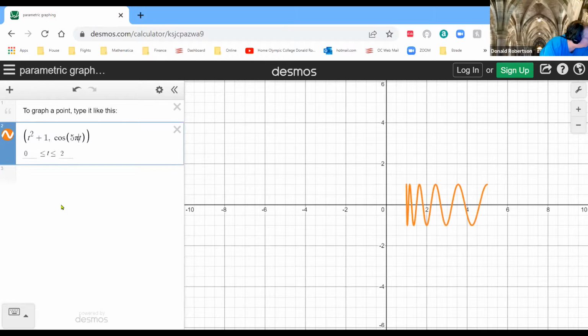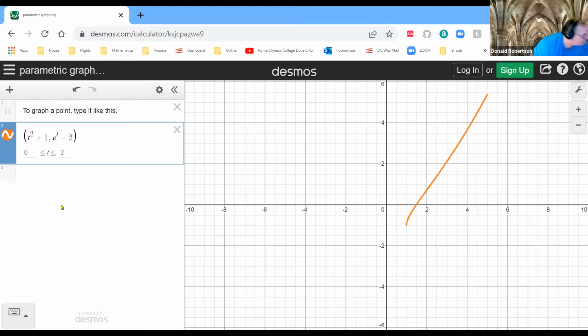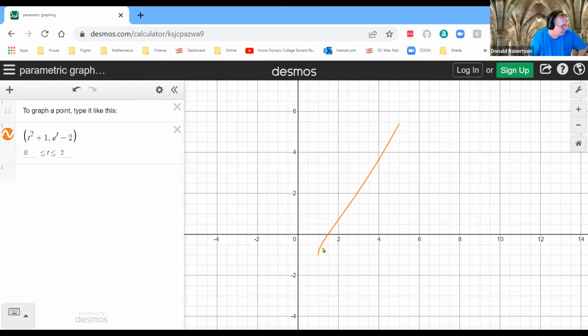And let's say the y was e to the power of t take away 2. And here you put in the start value of t, and there's the finish value. And can you see t equals 0, t equals 1, t equals 2? Can you imagine that's what the curve is like, and the direction is from here to here?